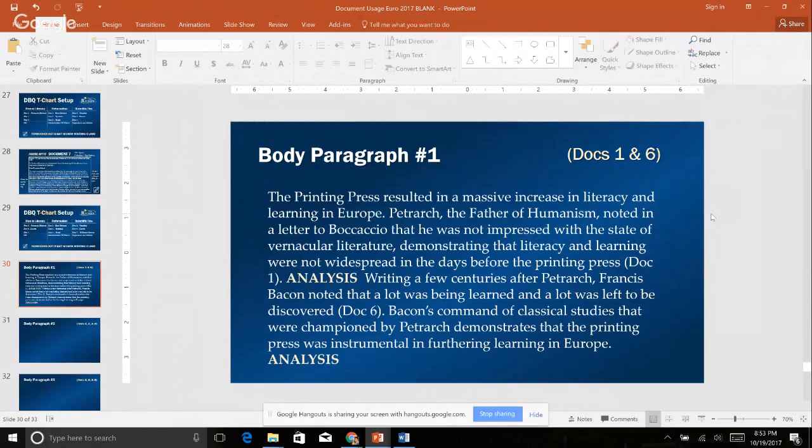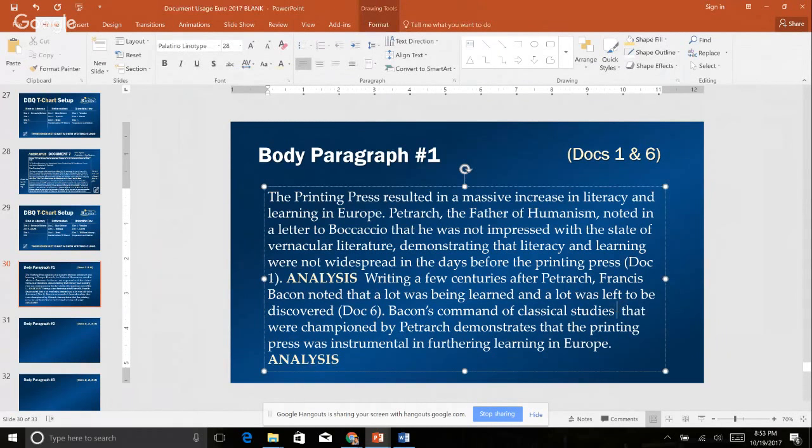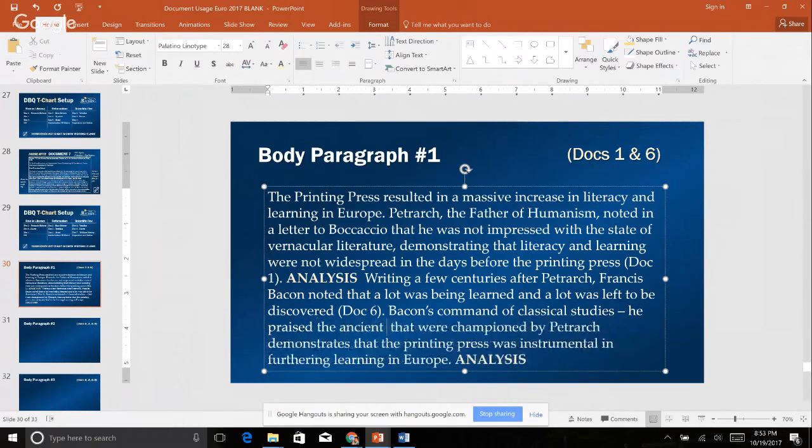Bacon's command of classical studies that were championed by Petrarch demonstrates that the printing press was instrumental in furthering learning in Europe. Okay, so Bacon's command of classical studies, I might note here, he praised the ancient Greeks. I could polish this a little bit, but it's a rough draft, so I don't want to polish this too much.